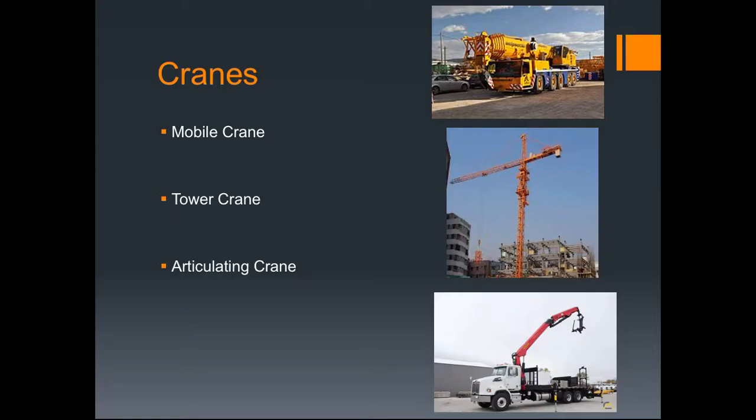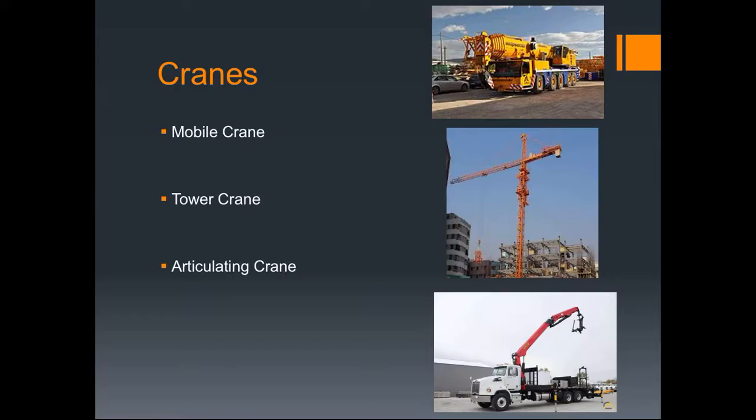That's a tower crane, and it is mainly used to lift heavy things in constructing bridges or large skyscraper buildings. And tower cranes are in a fixed position and just rotate from the base itself. And articulating cranes are also called boom cranes because they have a boom on the crane that articulates in the center, which allows back and forth movement of a load, which is very advantageous because it allows for quicker movement of materials.